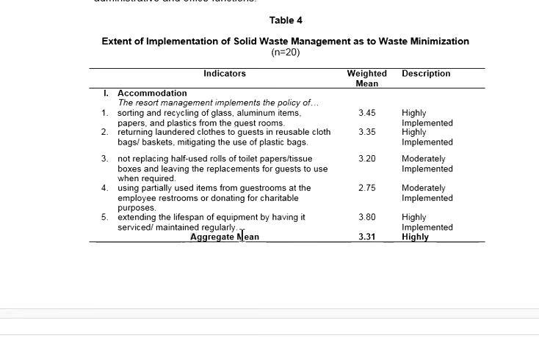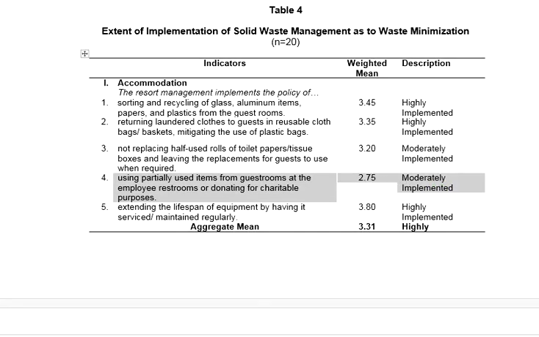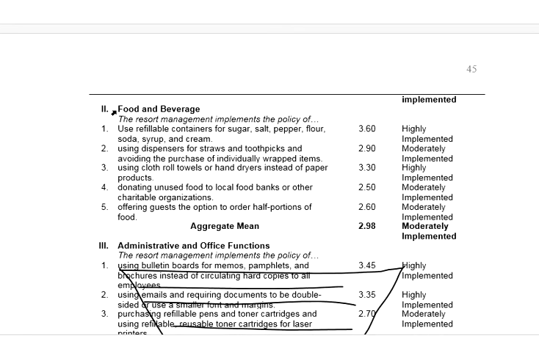We will start with the aggregate mean. After that, we will discuss the highest, and then you will also discuss the lowest one. After that, you will proceed to number 2, food and beverage. You will start with the aggregate mean, then proceed to the highest, and after discussing the highest, proceed to the lowest.